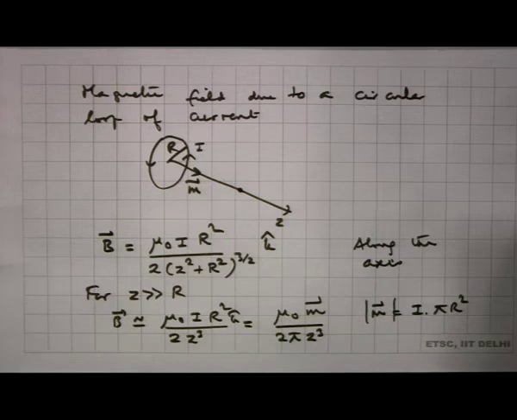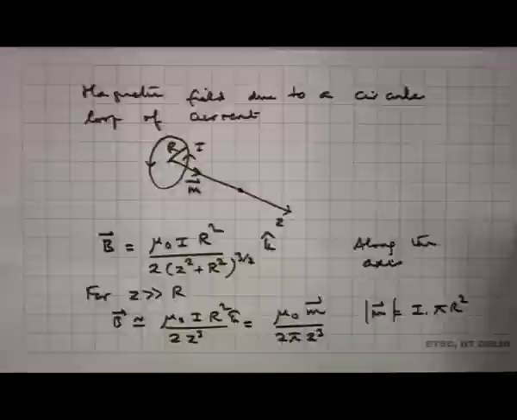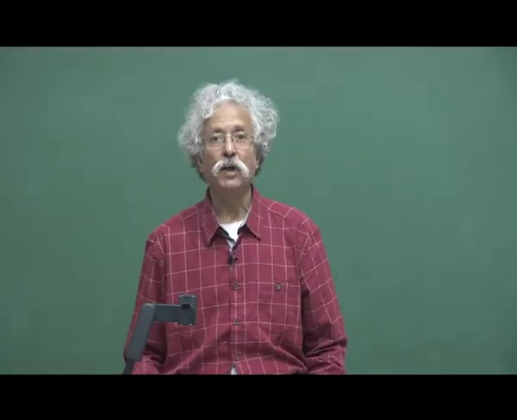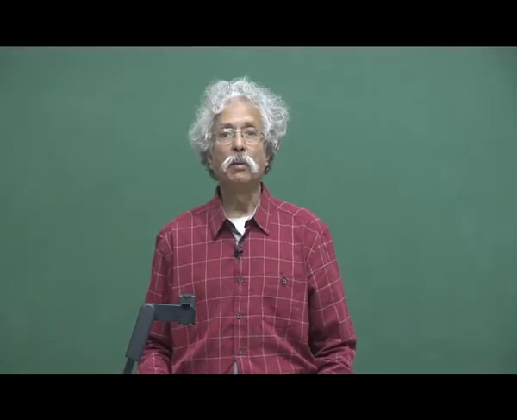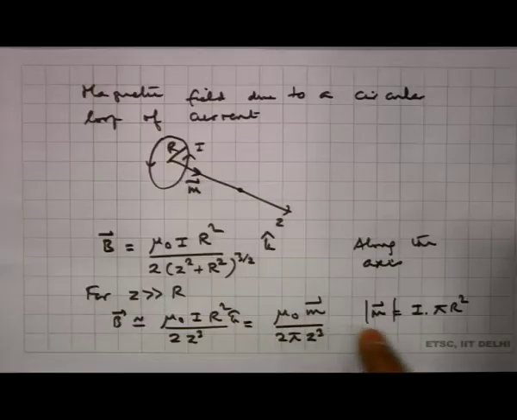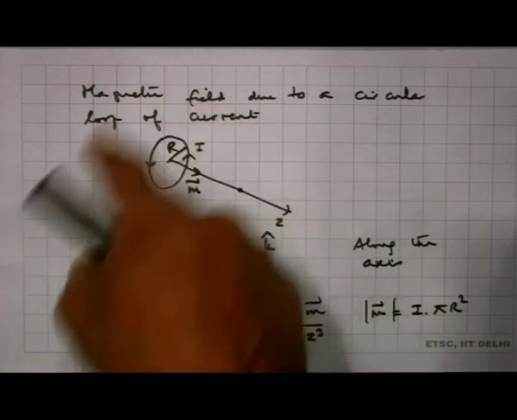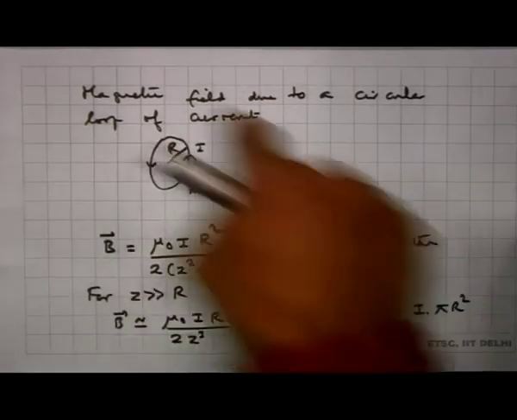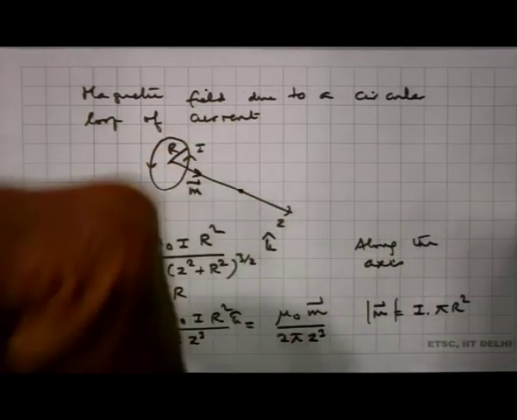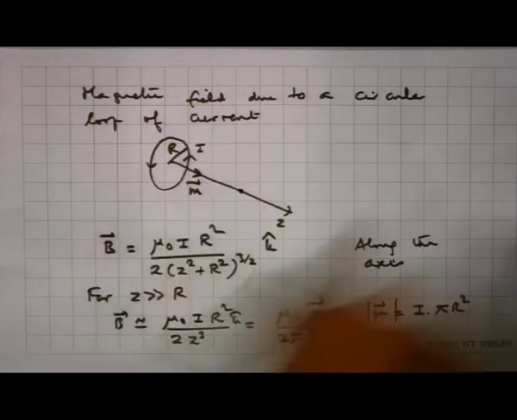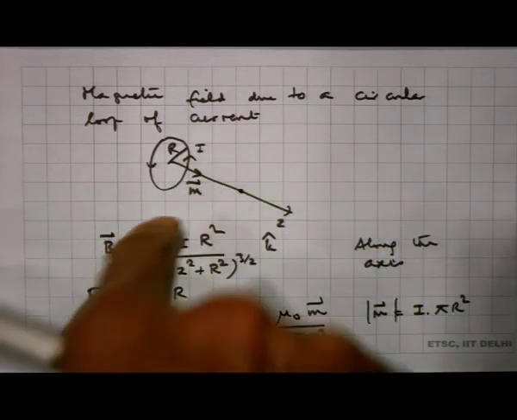Although I have derived this for a circular loop, this equation is valid in general for a planar loop with a magnetic dipole moment m, which is the current passing through the coil multiplied by the area of the coil, and the direction is obtained by using the right-handed rule. If you have a coil carrying current like this, then the magnetic dipole moment is pointing upwards. If you have a current going like this, then the magnetic dipole moment is pointing inwards.